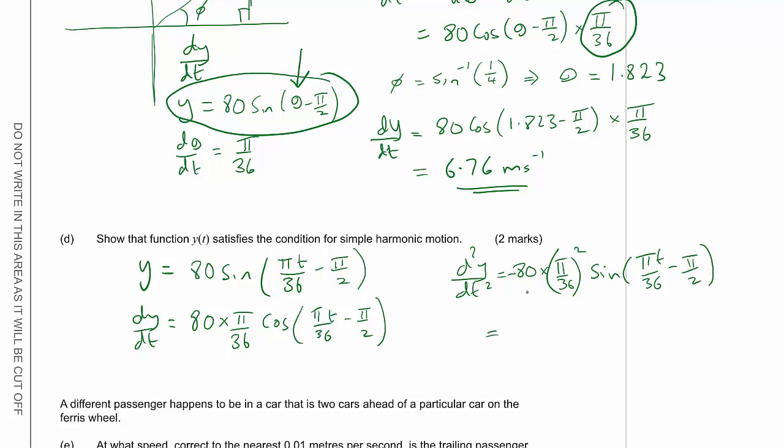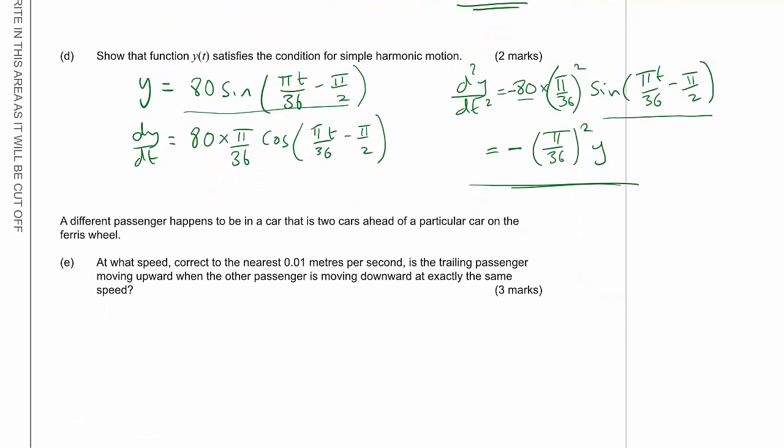And so we can recognize that because the 80 sine of pi t on 36 take away pi by 2 is just the same as the original y. We can see that that's negative pi on 36 squared y, and that shows us it's SHM.